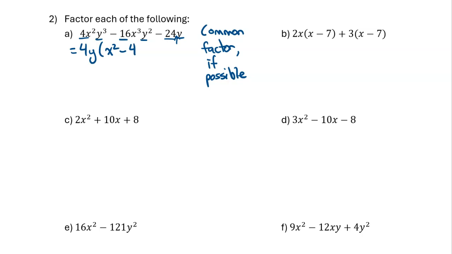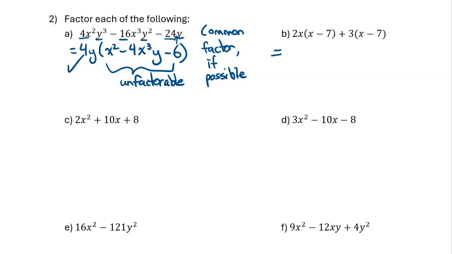So that's why we can only common factor out a 4 and a y. So then we divide every term by 4y, and we're left with x squared minus 4x cubed y minus 6. And now that is unfactorable, and so we've gone as far as we can go, and technically we factored it, but we can't go any further than that.